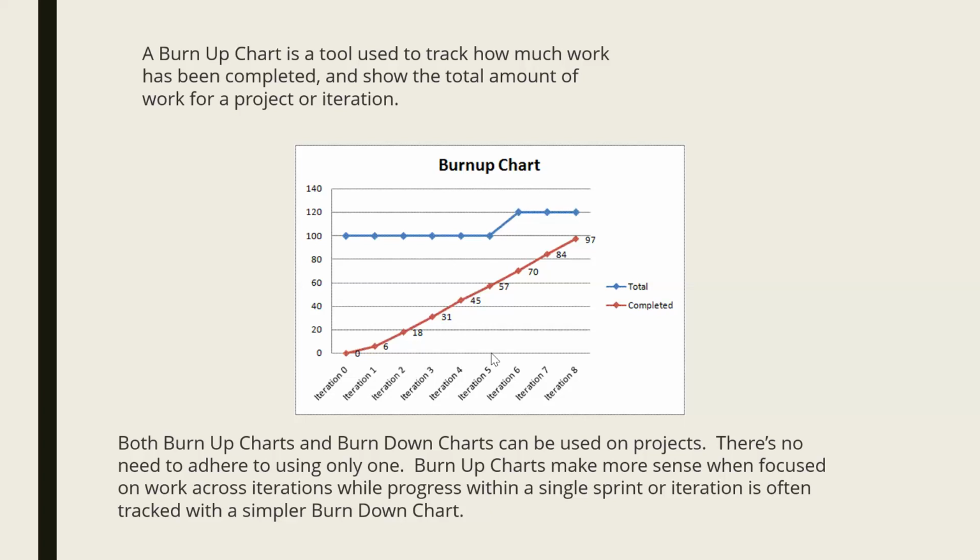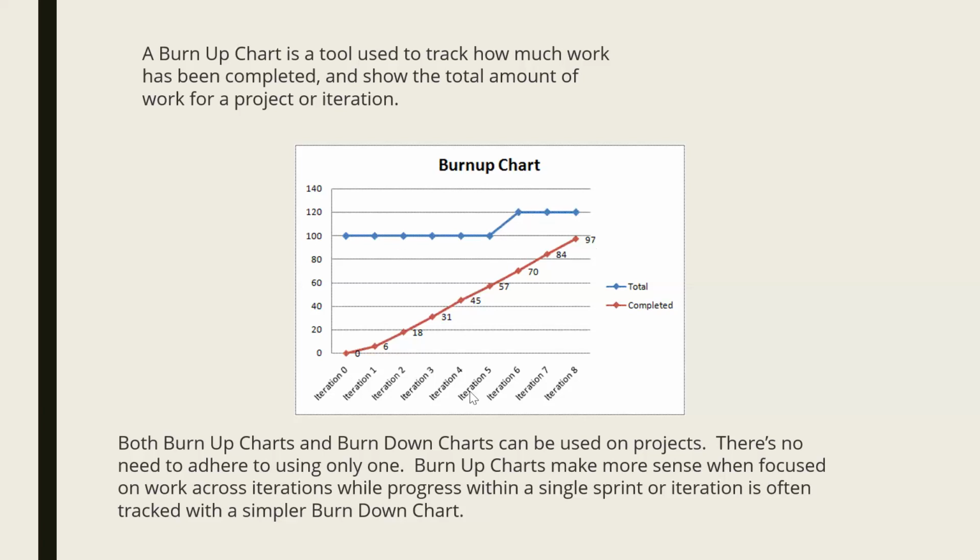It is not within the sprint, it is across sprints. In the fifth sprint, 100 things is the target, but 57 are completed. This is shown by the burn up chart. Maybe at the end of all the iterations, your total is going to be completed.